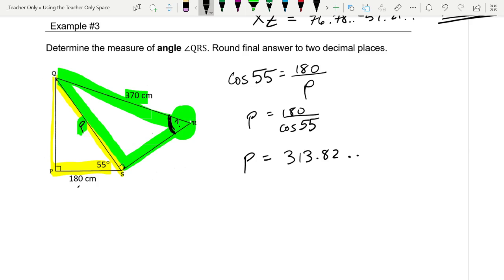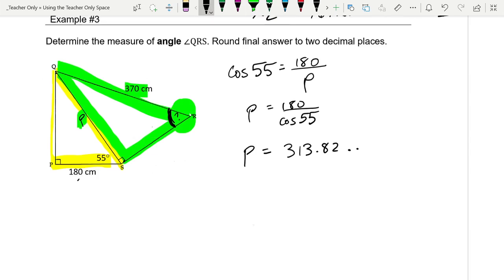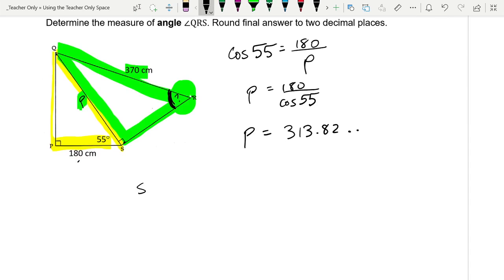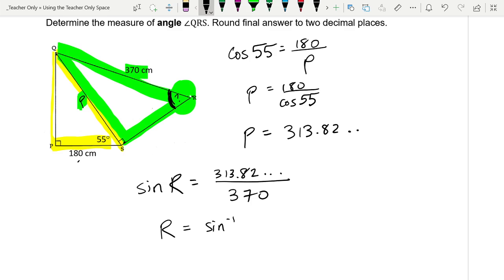So I have an opposite hypotenuse calculation. Which one's that? So the sine of angle R, which is the one I'm looking for, is the opposite side, which is the thing I just found. There's no way to avoid using the thing you just calculated, divided by the hypotenuse. So my angle R is the inverse sine of that divide.